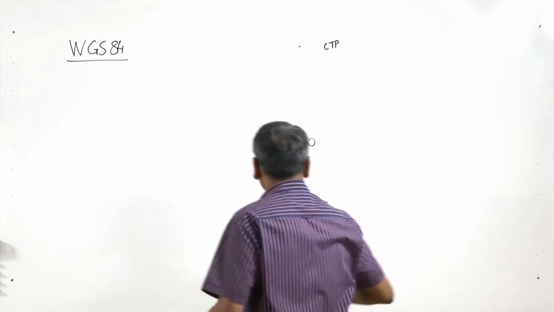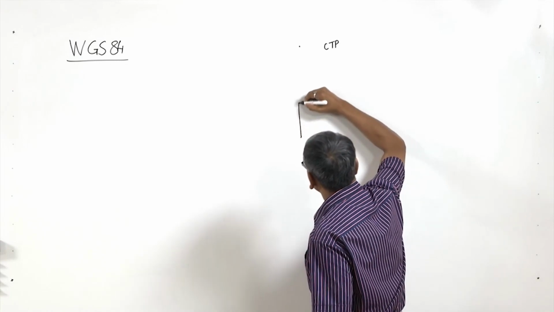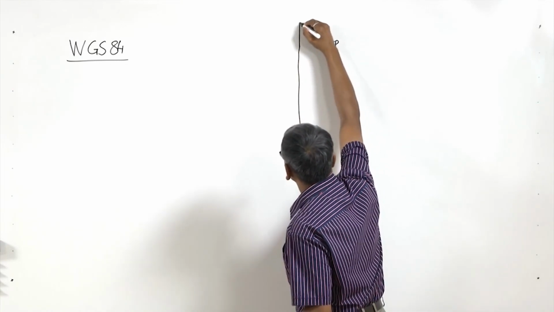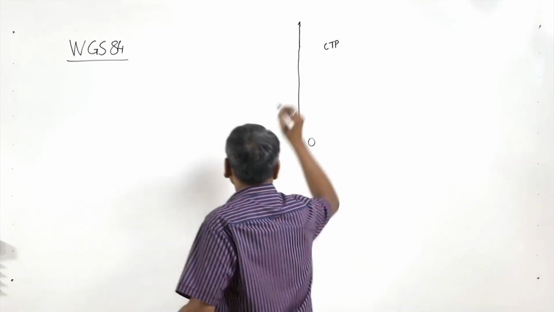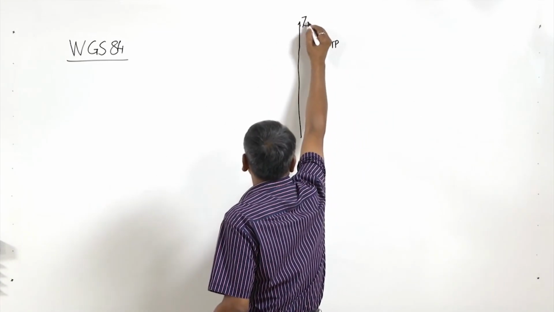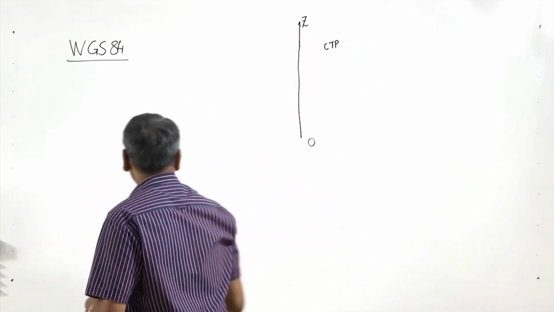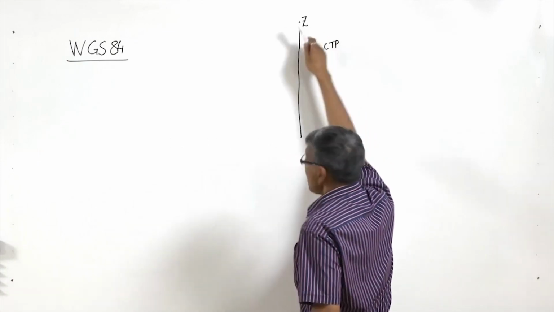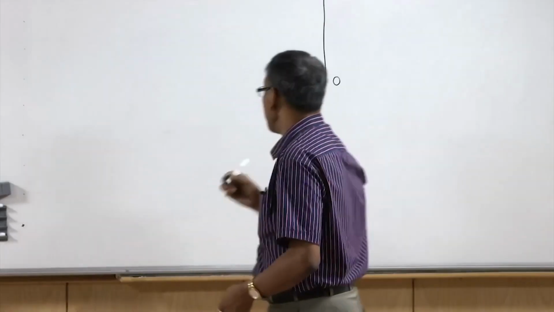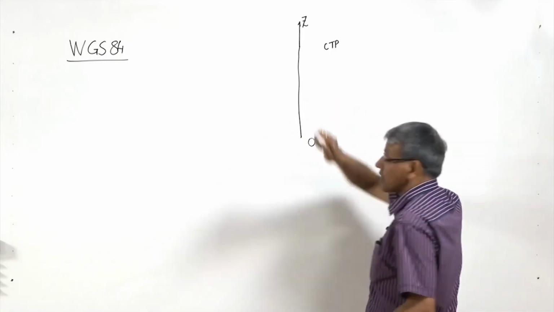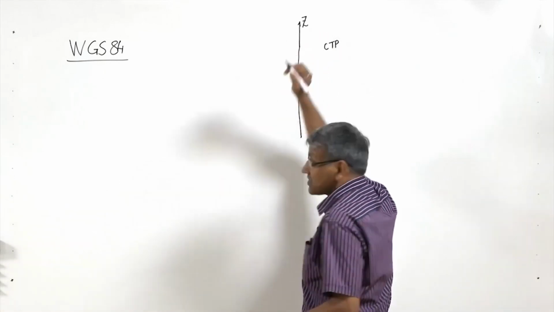Now the line joining the center of mass of the earth and the conventional terrestrial pole and beyond is considered as the Z axis. So it is the mean line along which the earth rotates about its own axis. So it is the mean axis of rotation of the earth. Now this is the Z axis.